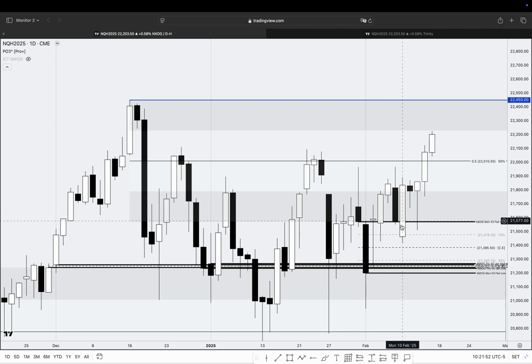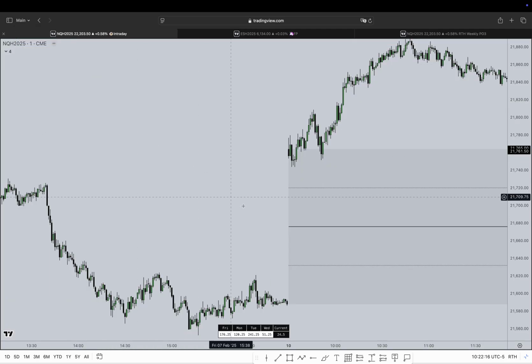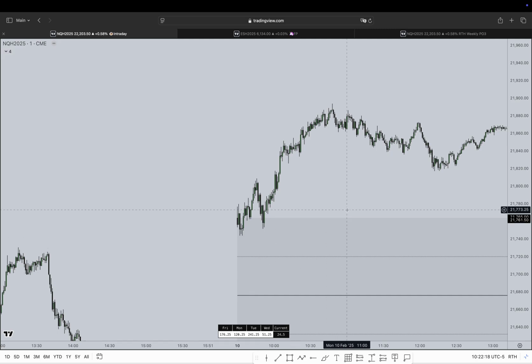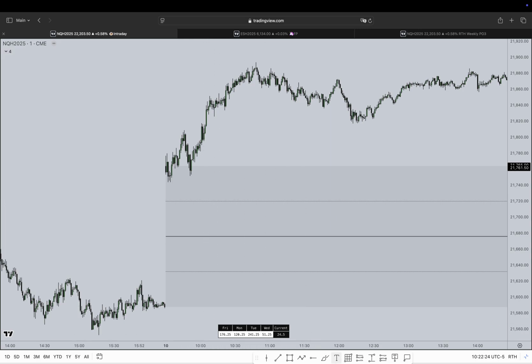So on Monday, since we are leaving the gap, we were expecting higher prices, and we are coming from a deep discount in relation to the monthly open. We're expecting to continue to higher prices. So on that day, we were anticipating that the breakaway gap is going to hold, and one characteristic of that specific profile is that one of the assets is going to fail to rebalance partially the price. We're anticipating that price is going to trade around this area on a breakaway gap.